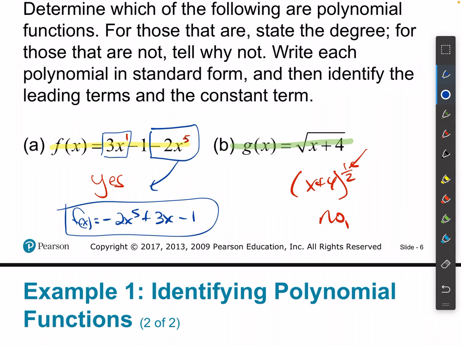That's the standard form. The leading coefficient is the number out in front when it's in standard form. So the leading coefficient is negative 2, and the constant term, we'll call it the CT, is negative 1, because that's the one that has no variable attached to it.